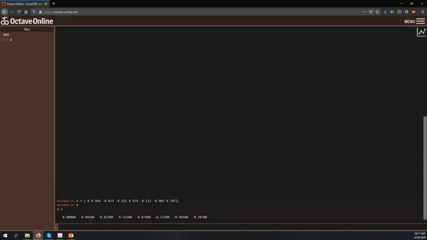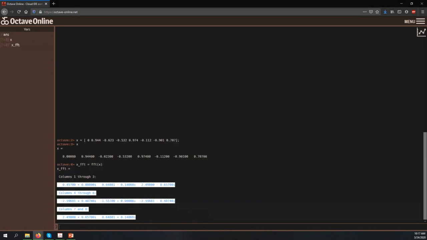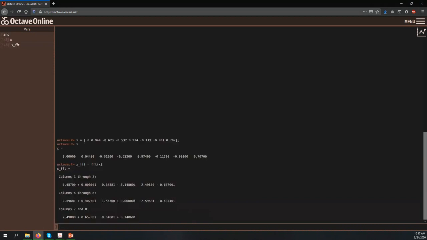All right, so we have our base signal X here, and then we can do the FFT of X. So let me map this to an actual variable, FFT of X. We basically get our values here, which are the FFT values that we would get if we did the long arduous process manually.